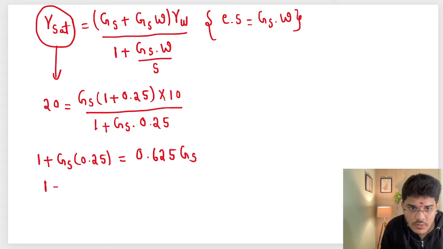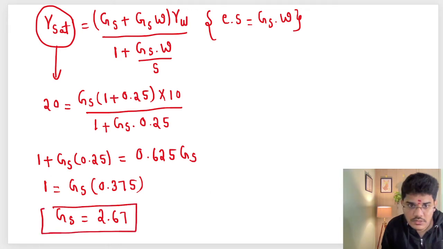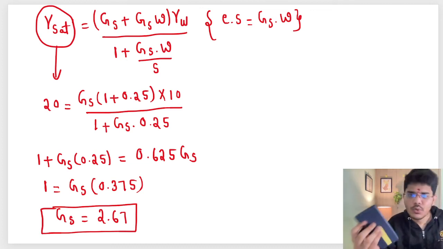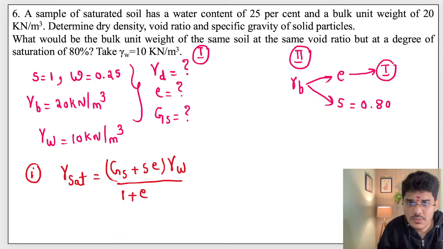So 1 is equal to Gs into (0.625 minus 0.25), that will be coming around 0.375. So 1 divided by 0.375 is equal to 2.67, 2.666 it is coming. So we are considering Gs value as 2.67. So this has been calculated.